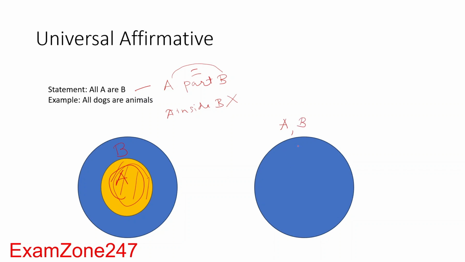Okay, when you see the statement that all A are B and the quantity of A and B is equal, still this statement is true. That means for this statement there are two possibilities. One is all A are B, that means you have taken this part, and the other is all A are equal to B. I'll show it like this so you'll be able to understand.